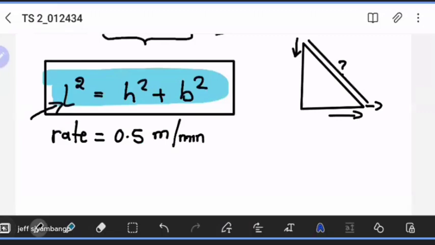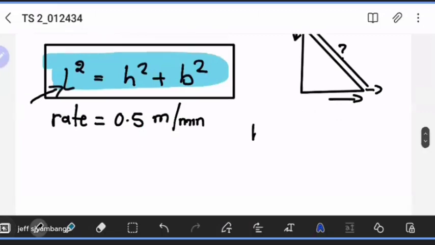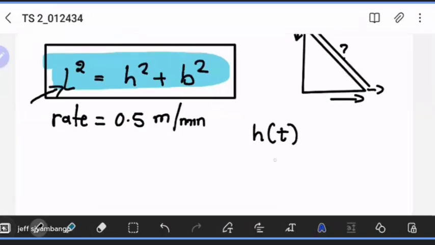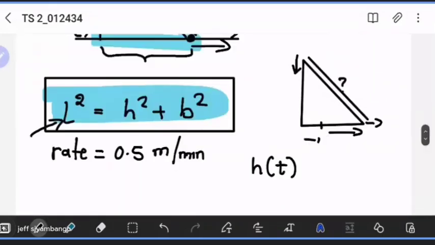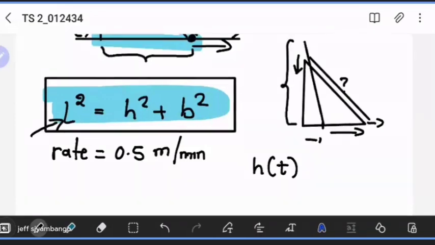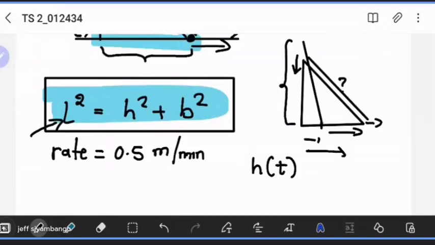So what are we doing? We know h is a function of time. h depends on what? Time. After a short period of time, when the base of the ladder is here, we see that this is going to be something like this. The height is a bit higher. But after a bit longer in terms of time, we see that now this has been dragged a bit more.